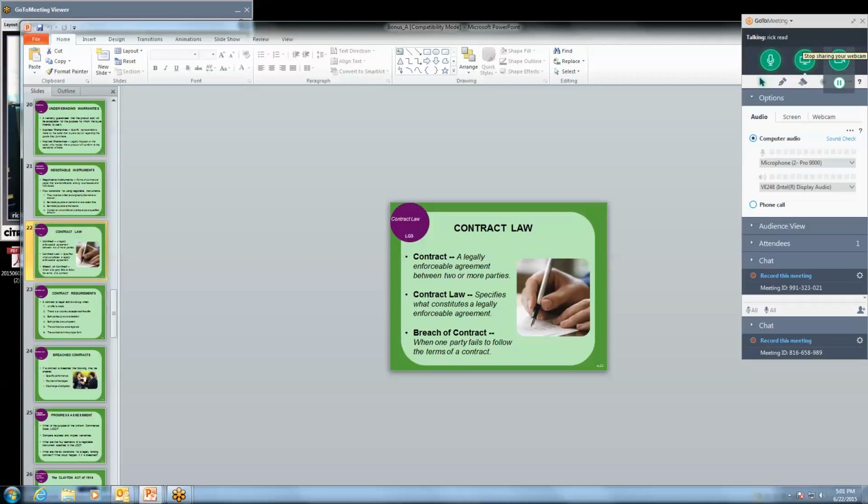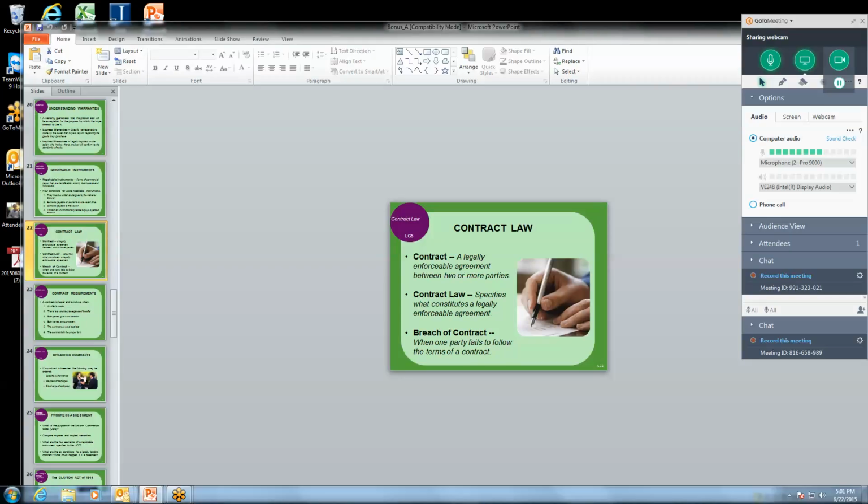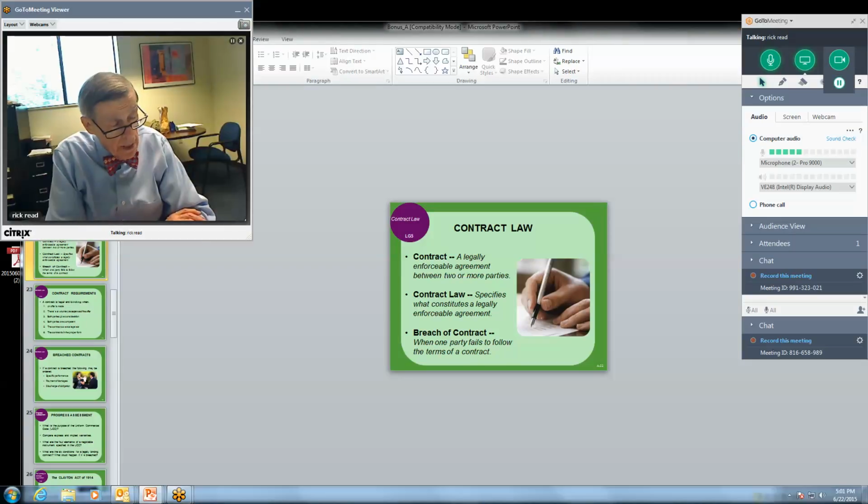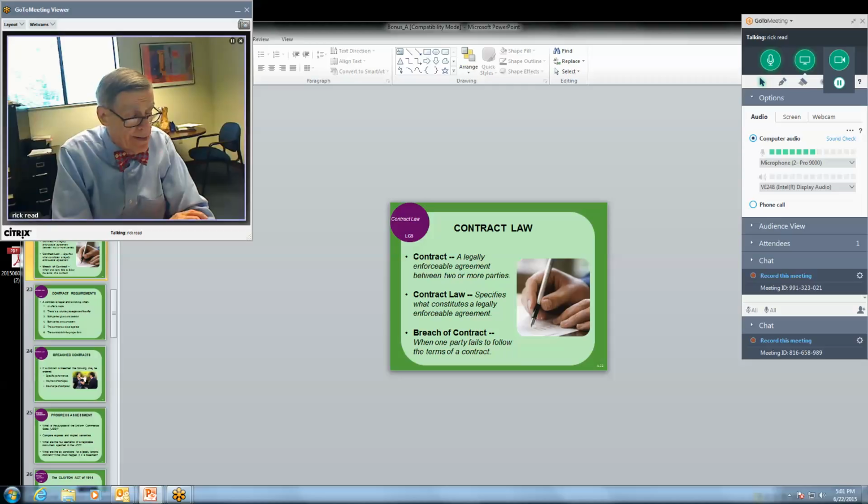Now we get to a thing called, again, we find this in common law, UCC, contract. Contract is something that is a legally enforceable agreement, as it says here, between 2 parties. It specifies something that's legally enforceable, as we notice that.